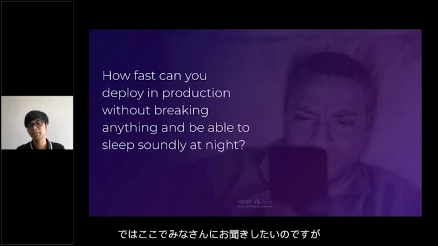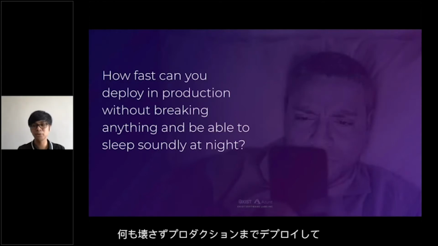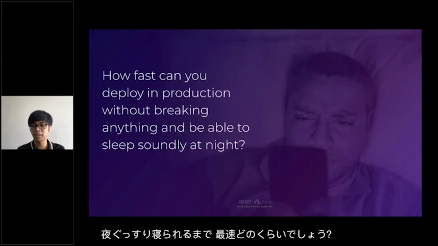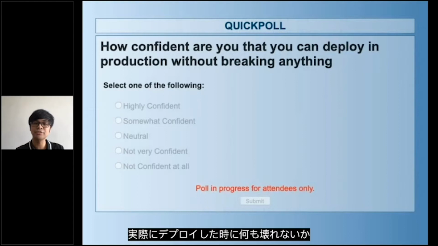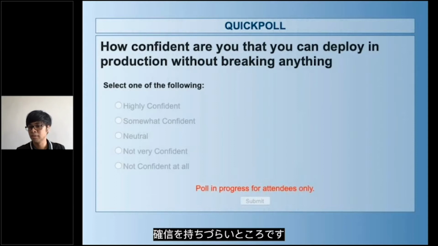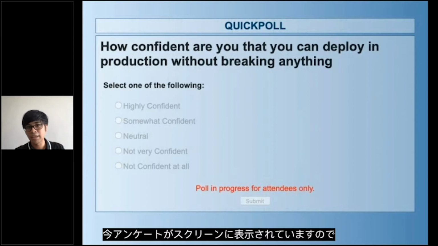Okay, I would like to take this opportunity to ask most of our attendees here, how fast can you deploy in production without breaking anything and be able to sleep soundly at night? Based on our experience, a lot of companies struggle with this one. They are not so confident that they wouldn't break anything if they actually deployed into production today.